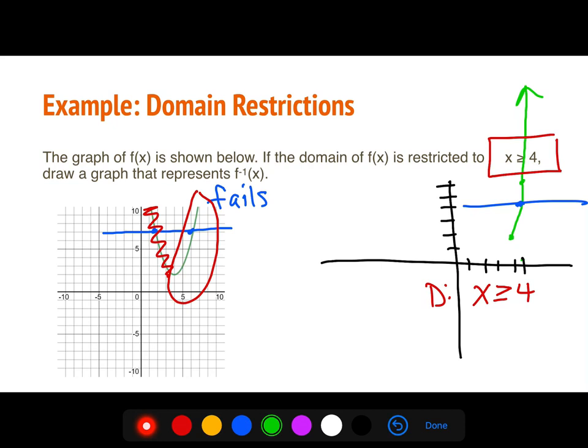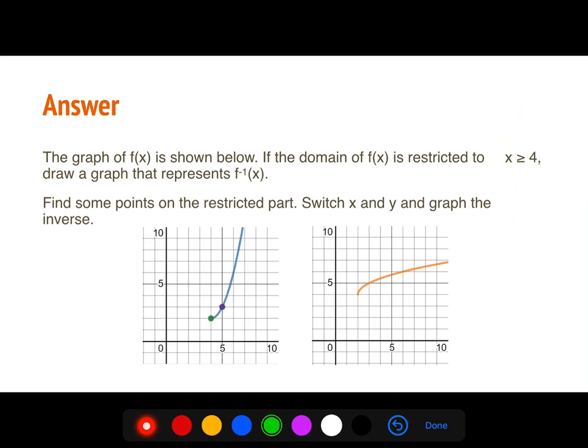I'm only going to keep the right side of the graph so that it passes the horizontal line test. This is a really cool concept that is going to take you through calculus. So again, here was the original function. It's restricted right here at 4, so the other half is no longer there.